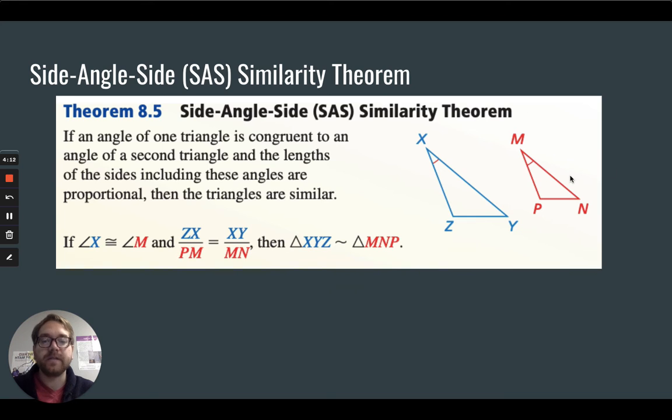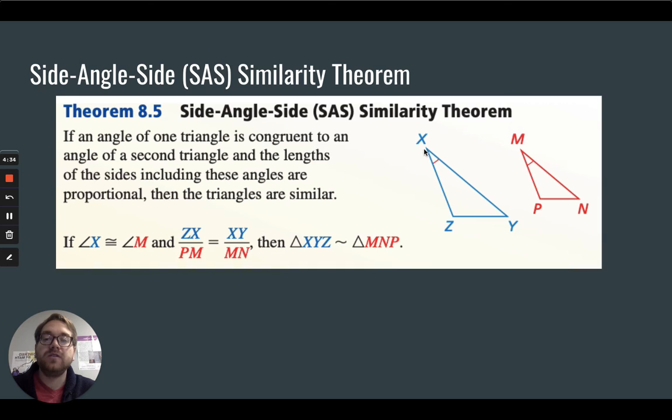When you're looking at the figures, the sides you need to be looking at need to be the legs of that angle. Here's the angle X and here's the angle M, and those are both congruent. So the sides that you need to compare to see if they're proportional are XZ and MP, and XY and MN. You can see that down here as well.